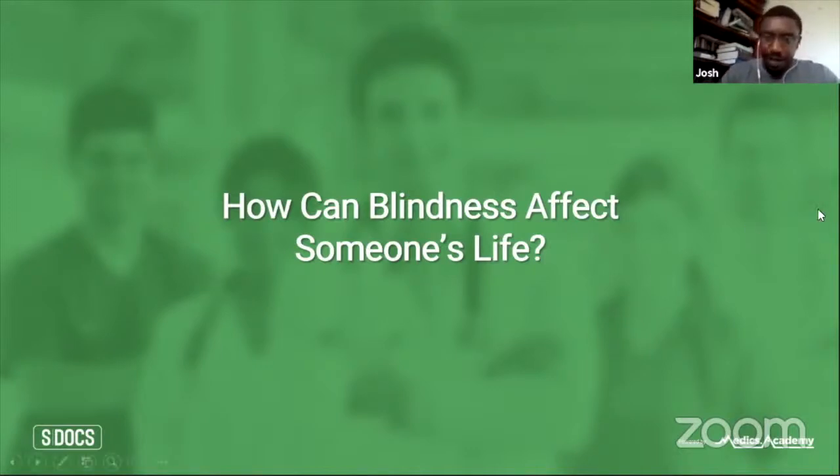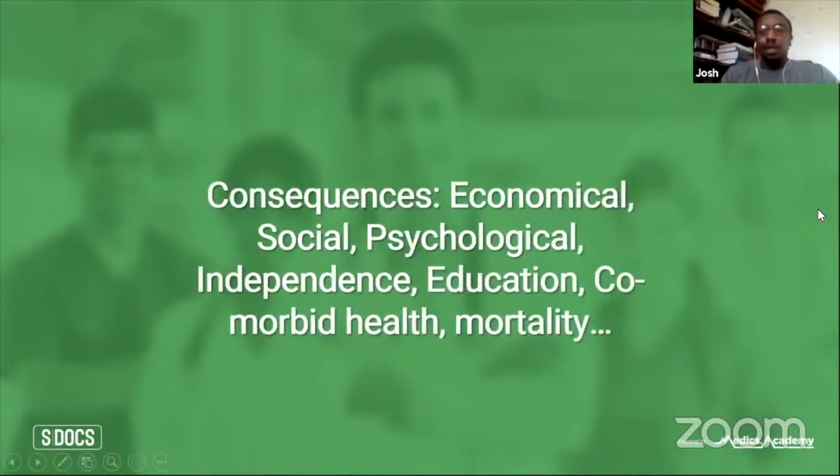And in answer to this question, these are some of the consequences that I've thought of or that are common in literature on this subject. And there's so many. You can see it's really widespread in the devastation that being blind or heavily visually impaired can cause. Economical consequences, social consequences, psychological or psychiatric consequences. They may have lost their independence with the activities of daily living.